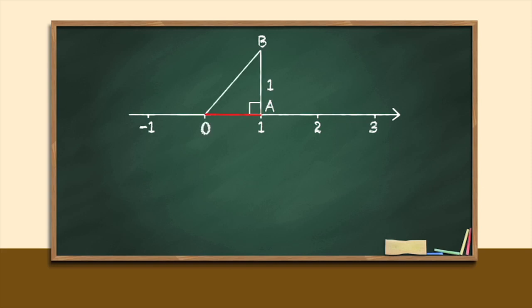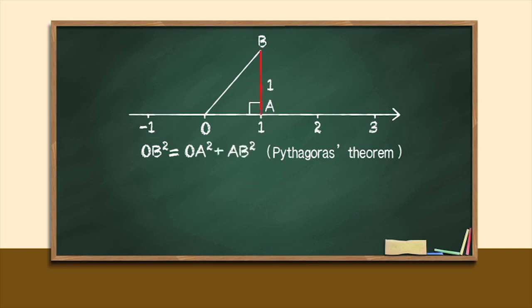As OA is perpendicular to AB, angle OAB is 90 degrees. According to Pythagoras' theorem, OB squared equals OA squared plus AB squared, which equals 1 squared plus 1 squared. Therefore, OB equals the square root of 2. Take O as the center and OB as the radius.